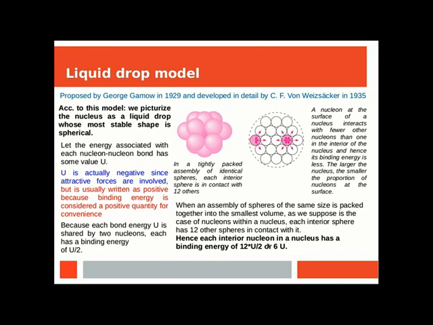So each nucleon is in contact with 12 neighboring nucleons, and in this way the binding energy per nucleon for a nucleus in the interior shall be 6u.